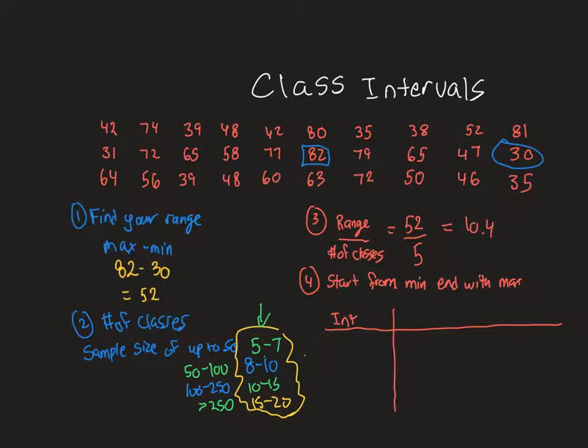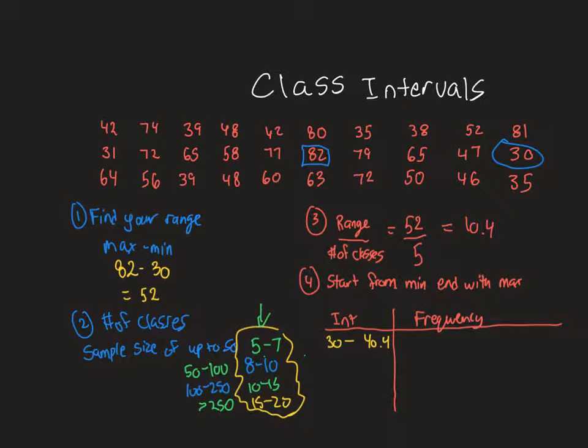So let's put our interval here, and let's put our frequency here. Okay, so let's do this. Our intervals, we're going to start from our minimum, and our minimum was 30. So 30, and you want to go towards 10.4 of a difference. So you add 10.4 to 30. So 30 plus 10.4 is going to give you 40.4.